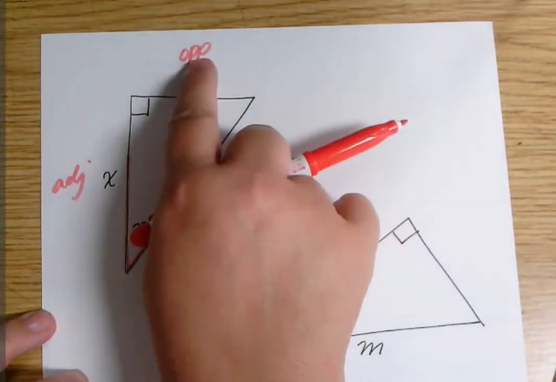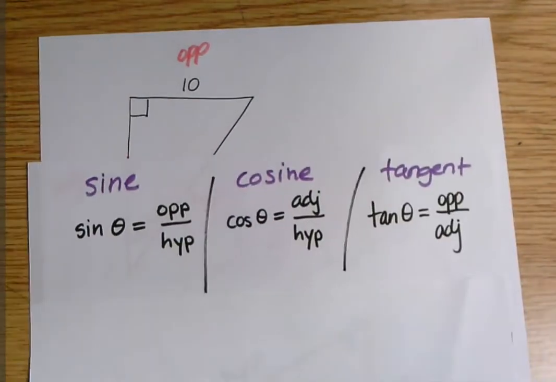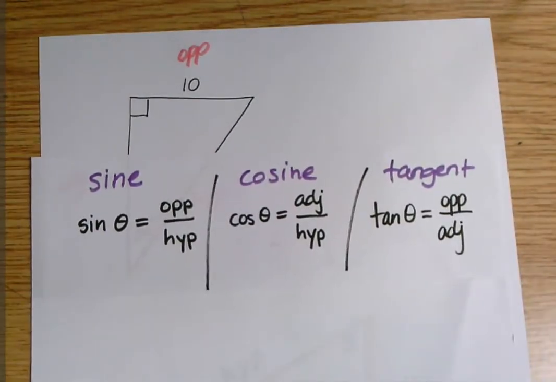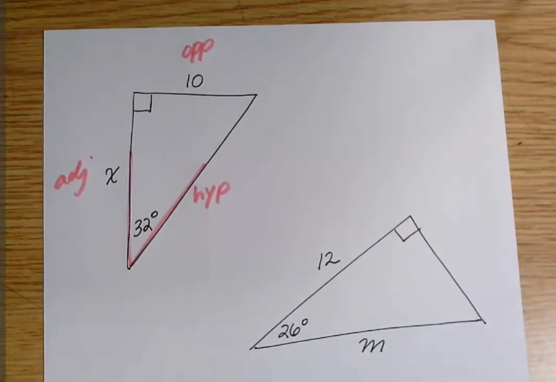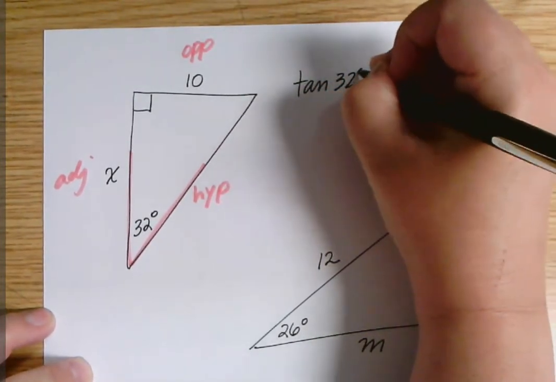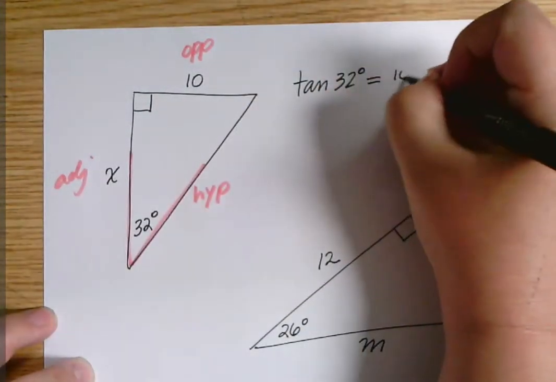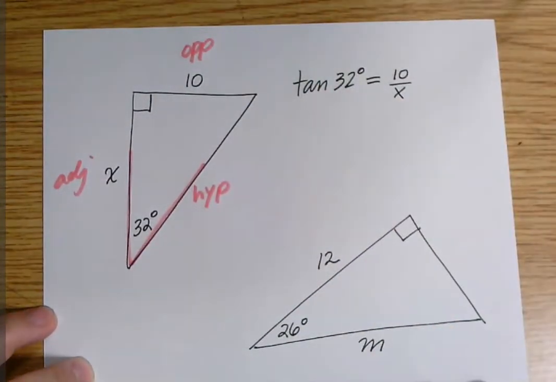I'm working with the opposite and the adjacent. Opposite and adjacent, that's tangent. So that's how I know that I'm going to set up an equation for the tangent. So tan 32 degrees equals opposite over adjacent, 10 over x.